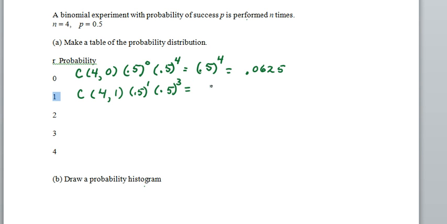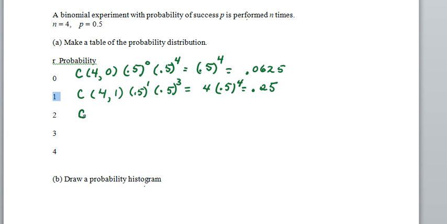And so this is going to equal 4/16, or 4 times 0.5 to the 4th. 4/16 is 1/4, or 0.25.